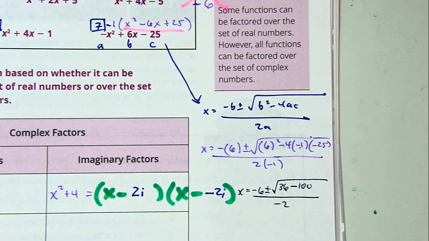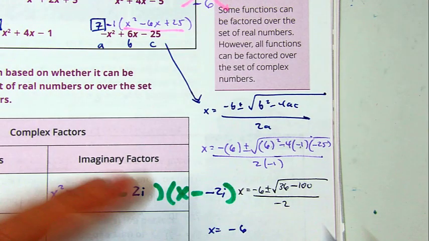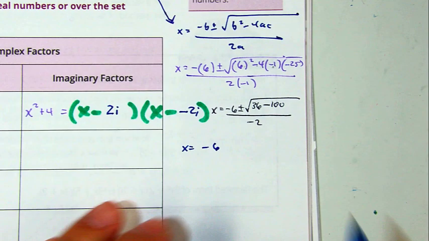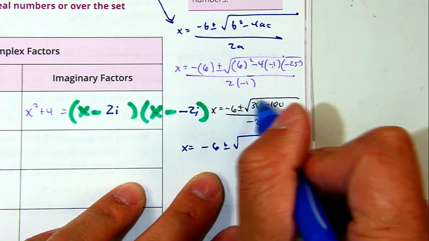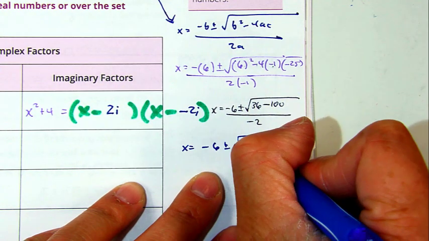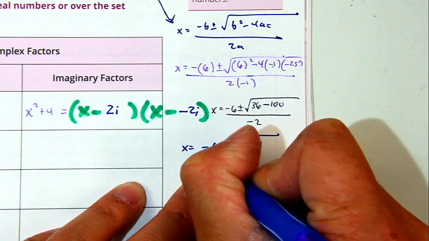Did you get that far? Made it there. Then I have x equals negative 6 plus or minus the square root of, that becomes what? Negative 64, negative 64 over negative 2.